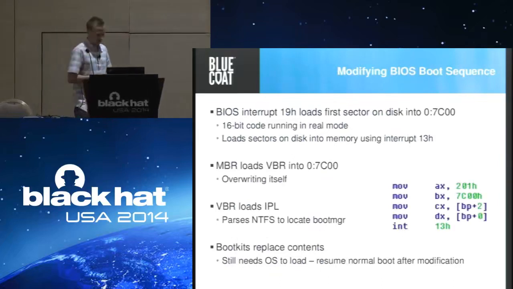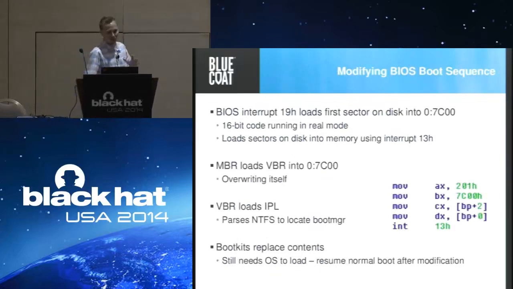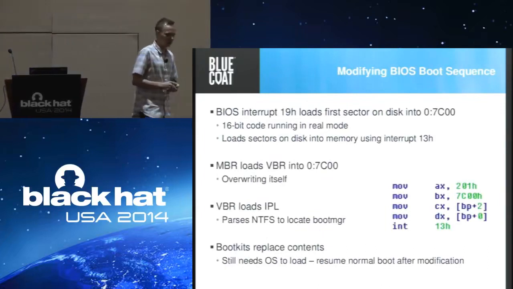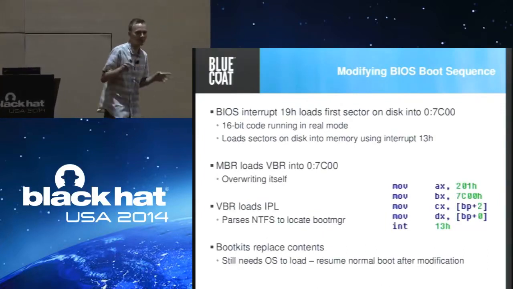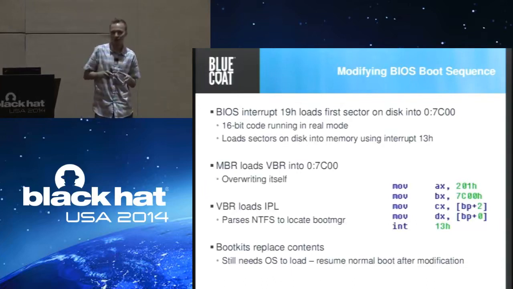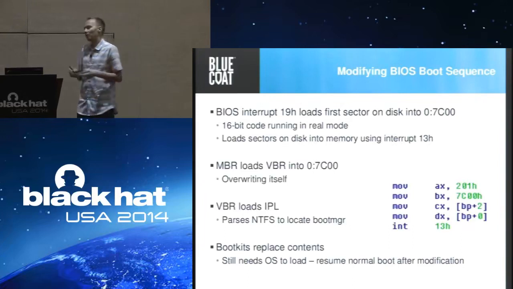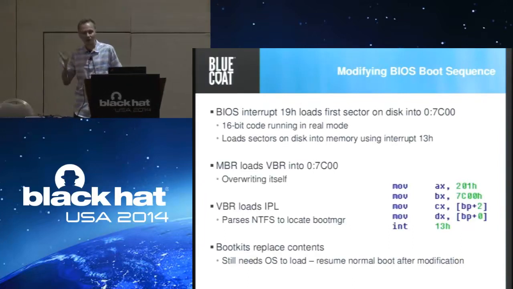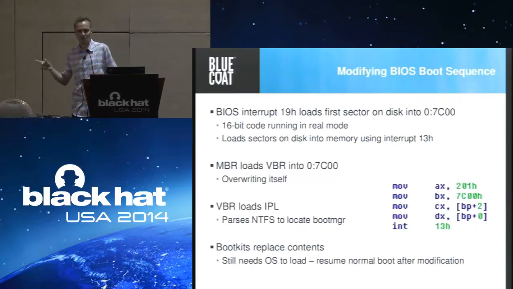Just a quick overview of how the boot sequence is supposed to work. Sometimes when you power on your machine, you probably see a power-on self-test. At the very end of this, there will be code that issues BIOS interrupt 19. This instructs the BIOS to load the first sector on disk into memory at address 7C00.